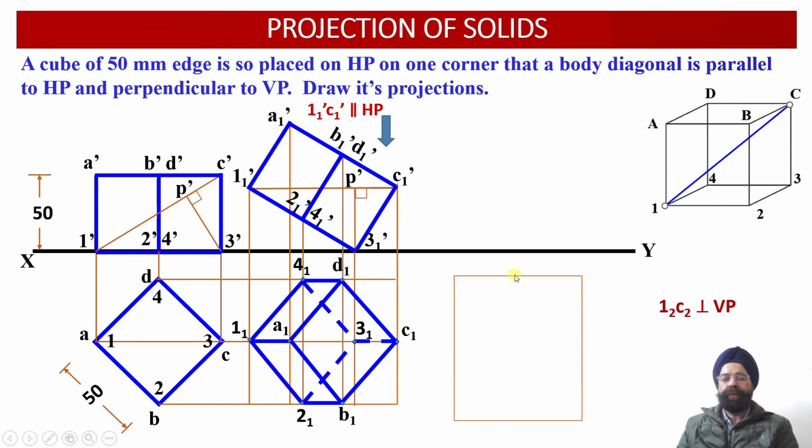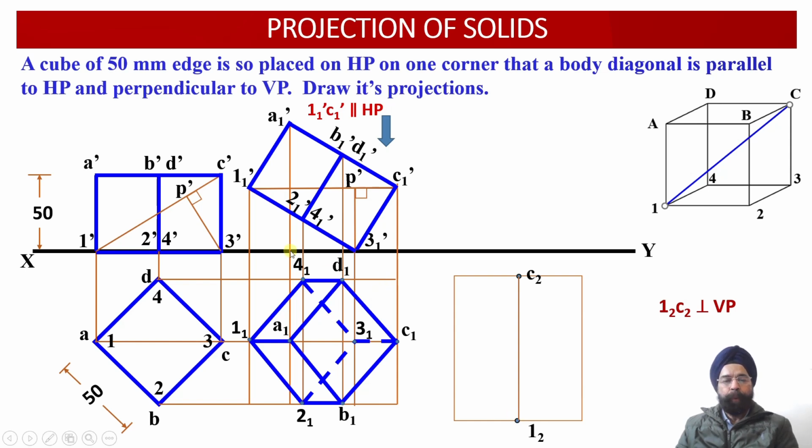So the midpoint of this and the midpoint of this, once we obtain them, here we obtain C2 and here we obtain A2. This is the midpoint which will give us C2 over here. This is the midpoint of the smaller length of the rectangle which will give us A2. Now we can see this body diagonal happens to be perpendicular to the vertical plane.